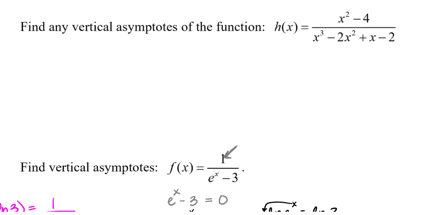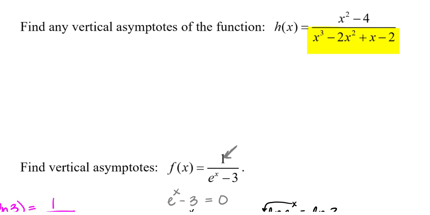All right, if we're specifically looking at this question right here, find any vertical asymptotes of the function. What we've studied in the previous video and in your previous courses, hopefully, is that the first place you probably want to start is any point of discontinuity because of that denominator.